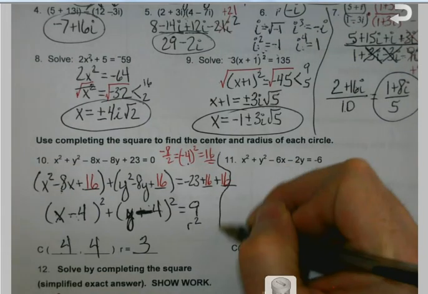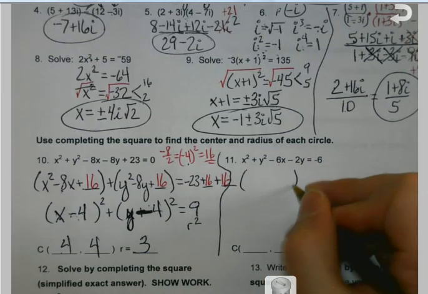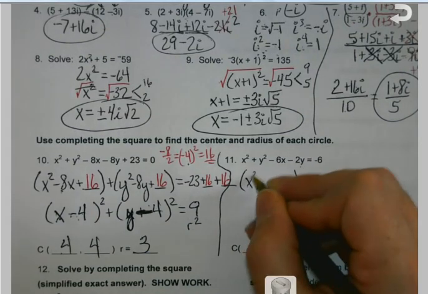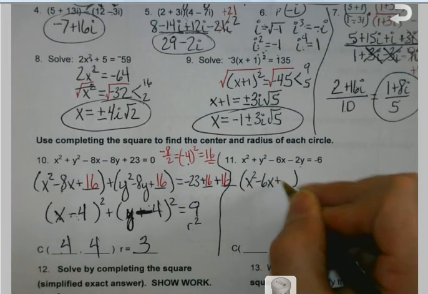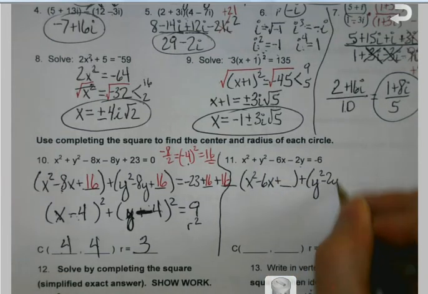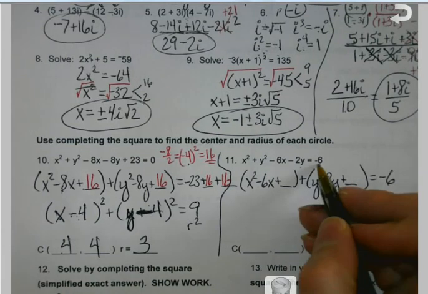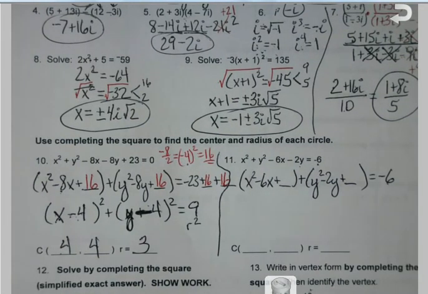And I'm going to do that same thing on 11. So I got my x squared minus 6x and something. Got my y squared minus 2y and something. And this time, my constant's already on the other side of the equation, so just leave it there.